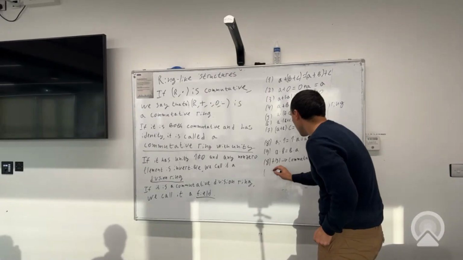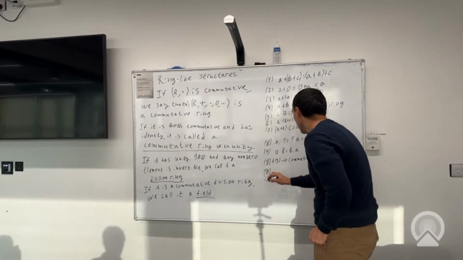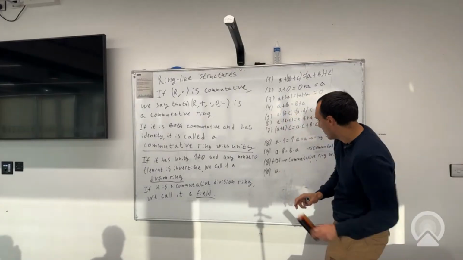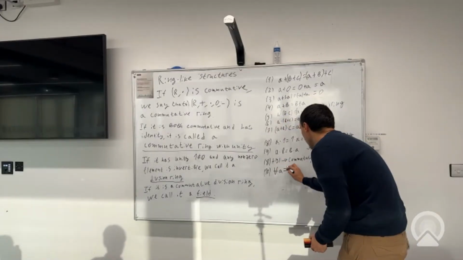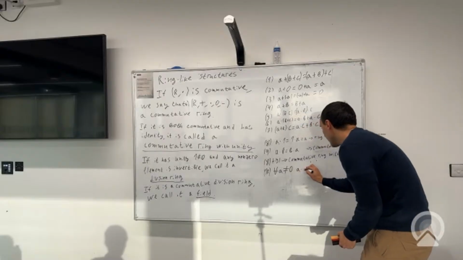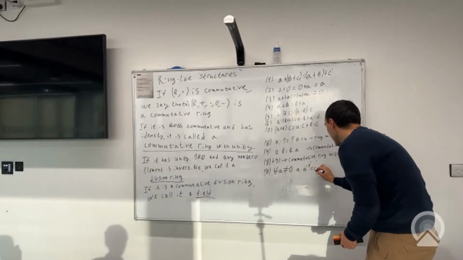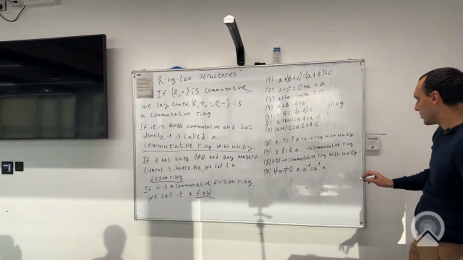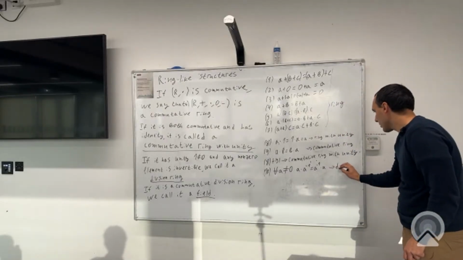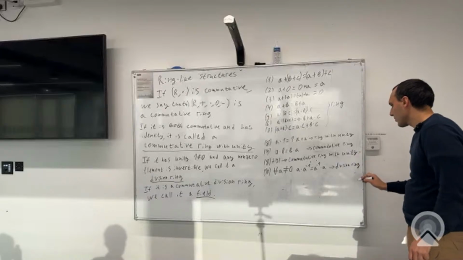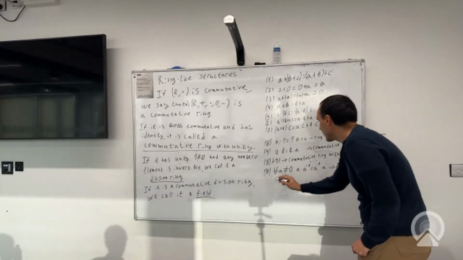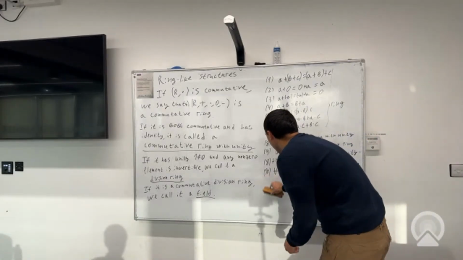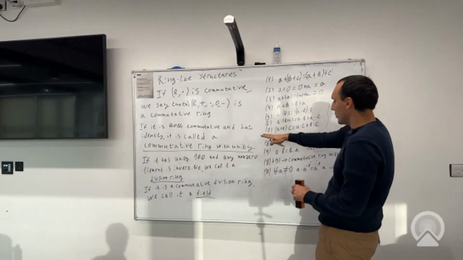Let me have 10. 10 is inverse. A times A to the minus 1 equals A to the minus 1 times A. This is a division ring. And if we have everything from 1 to 7, we always have it.